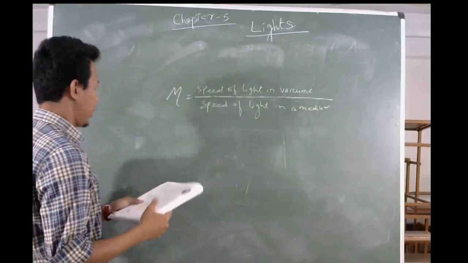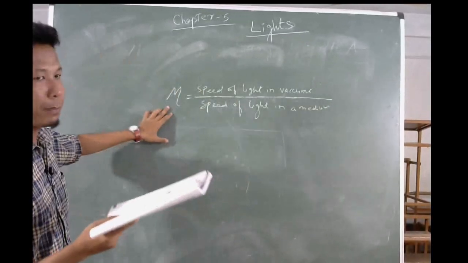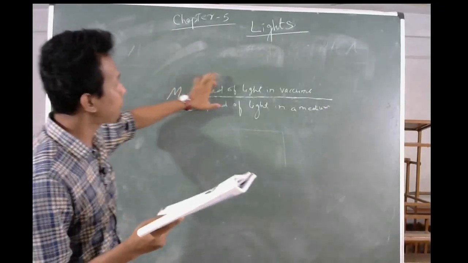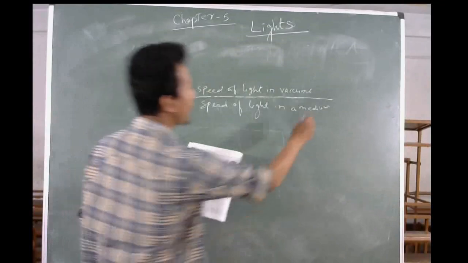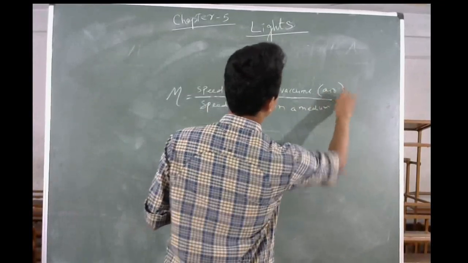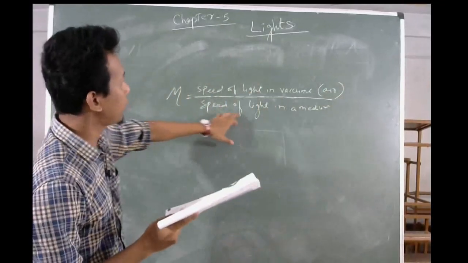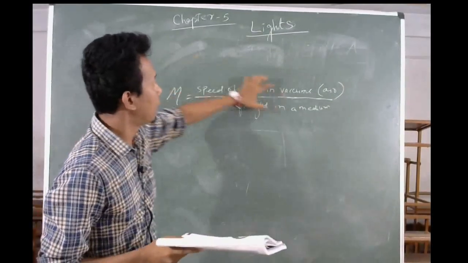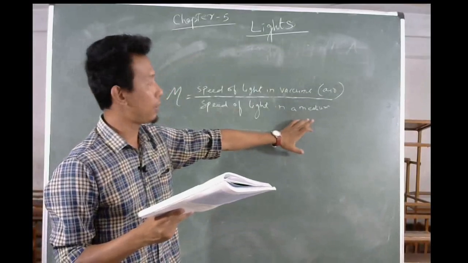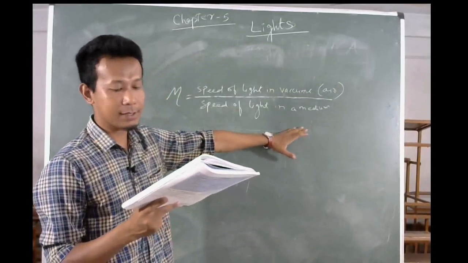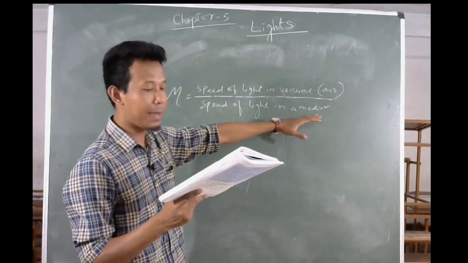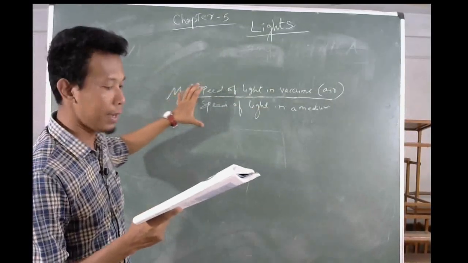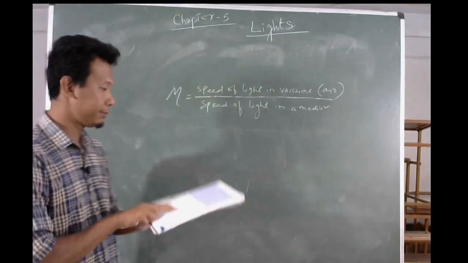This particular sign is mu. Vacuum means air. The medium can be anything: water, alcohol, glass, diamond, whatever the medium may be. But by this, we can find out the refractive index of a medium. Okay?